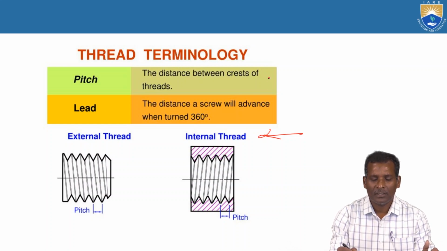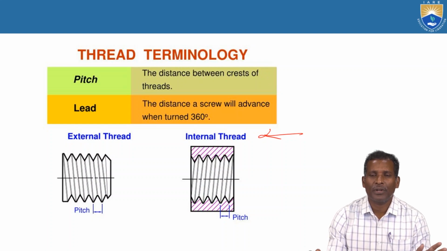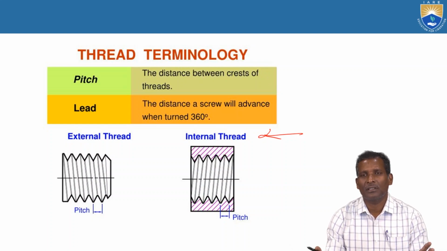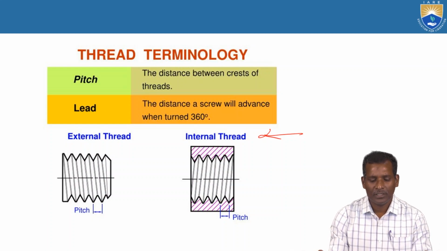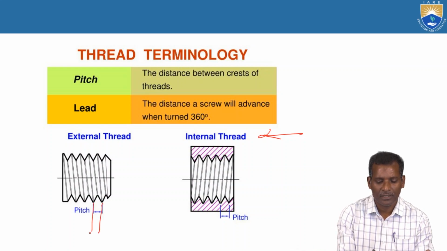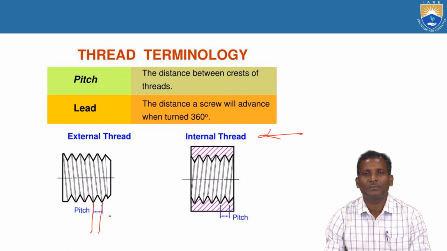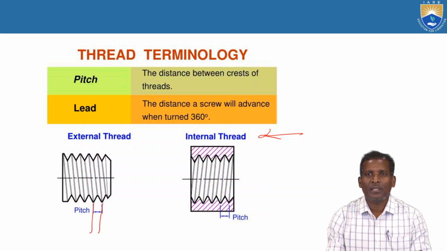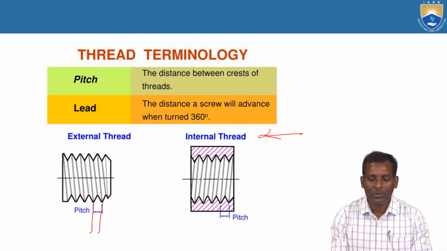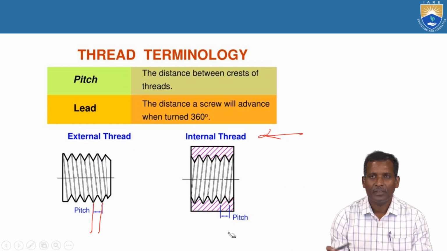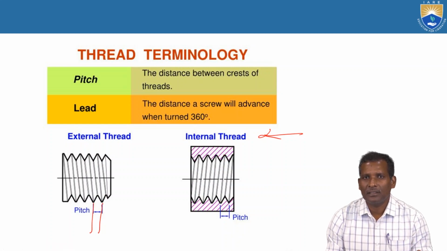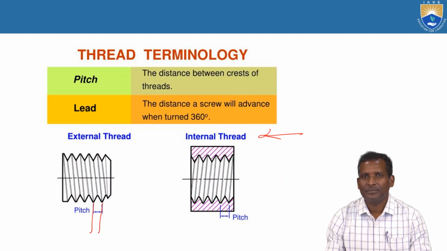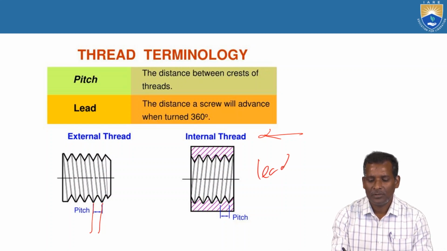Pitch means the distance between two thread points. In this diagram, this is the crest, and between these two is called pitch. During rotation, how much it travels from one point to another is called the lead. In case of a single thread, the lead is equal to the pitch.